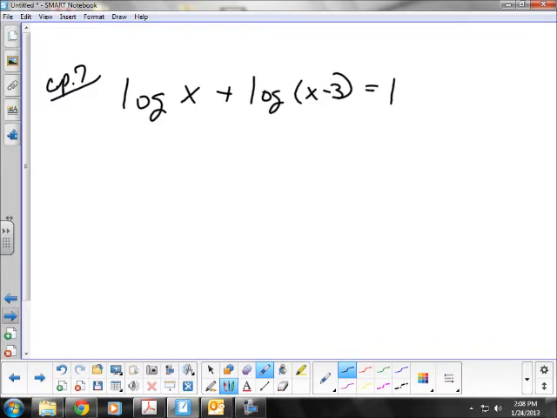And I've got log written how many times in this problem? Twice. So I'm going to use the property of logs that was in section 3 that we worked on. And I'm going to rewrite this as just a single log. So what do I do to the two arguments? I multiply them together. So this is the log of x times x minus 3 is equal to 1. Okay?